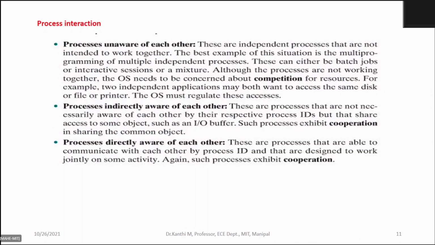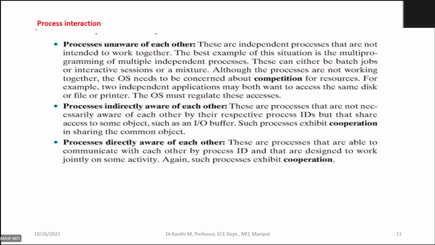Okay. So what are the different ways of having interactions? Different types of process interactions. It could be processes unaware of each other. They don't know each other.